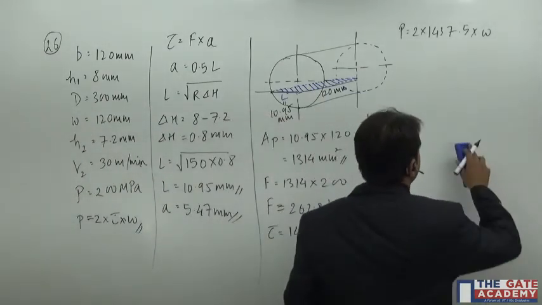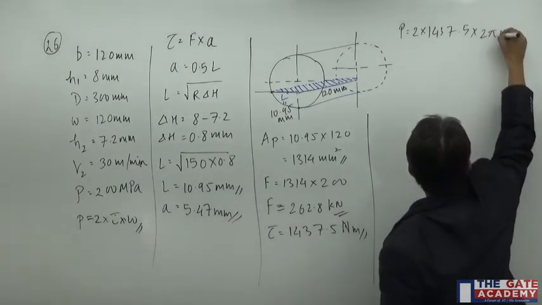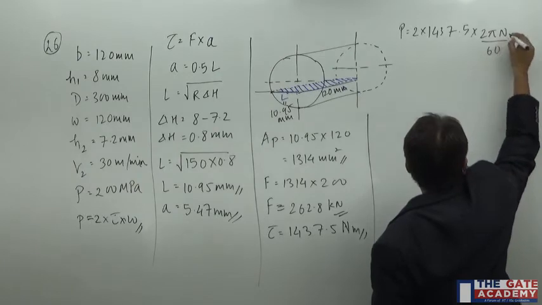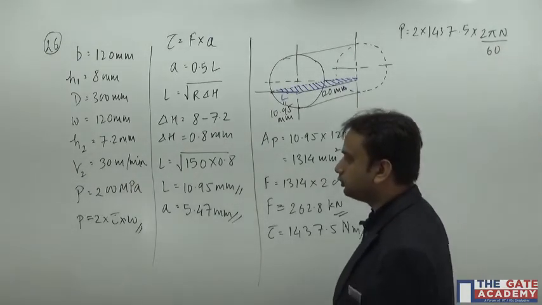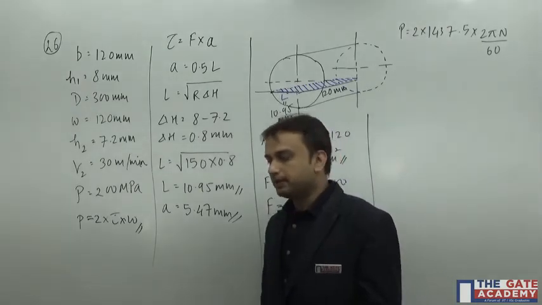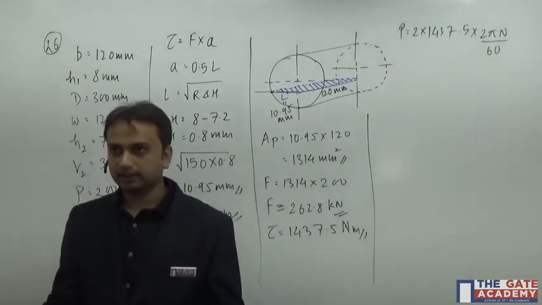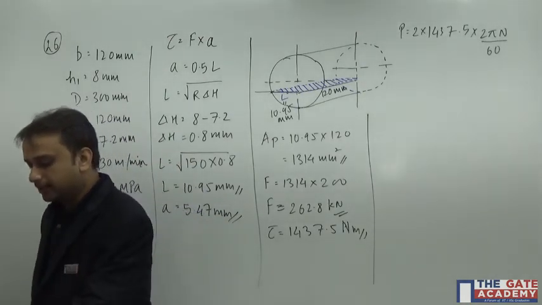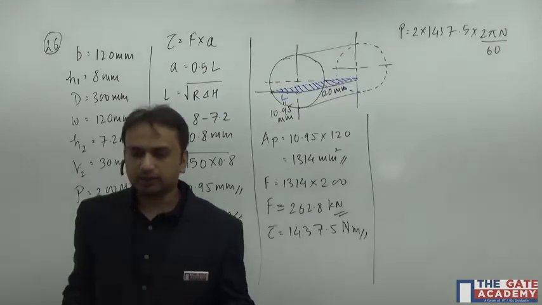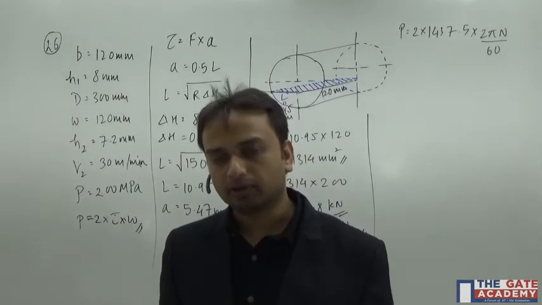Omega can be written as 2 pi n by 60 if n is given in RPM. Now, to calculate n, there could be a dispute, there could be a conflict, right? Because n is actually given by, what is n? N is the RPM of the rollers.